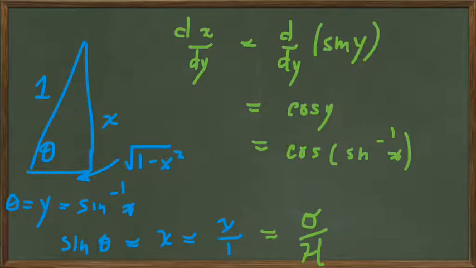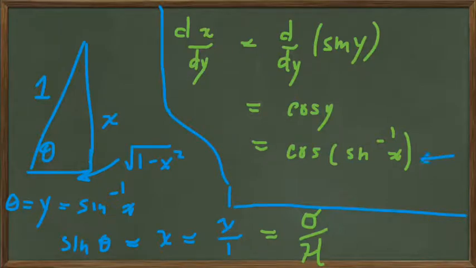So if we go back to our derivation where we left off right here, we've got the cosine of sine inverse of x, which is the cosine of theta, and the cosine of theta is going to be the adjacent over the hypotenuse for this triangle.